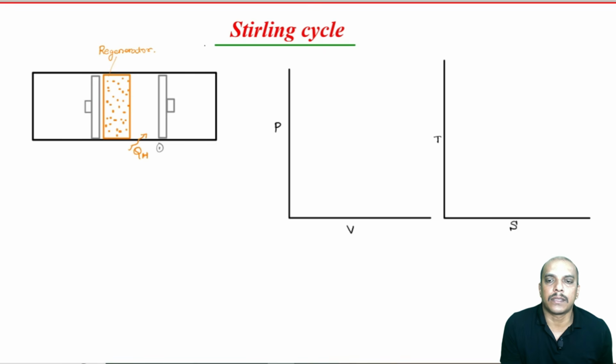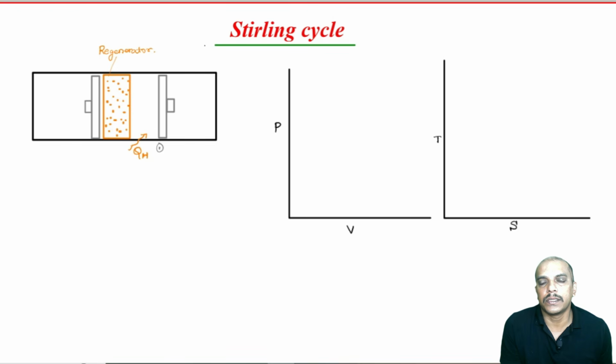Now, let us supply the heat QH. Now, what is this QH? QH is the amount of heat which is being supplied to the working fluid. Let us say the gas could be air, helium, or hydrogen. Now, the moment we are supplying heat, we want it to be externally reversible.